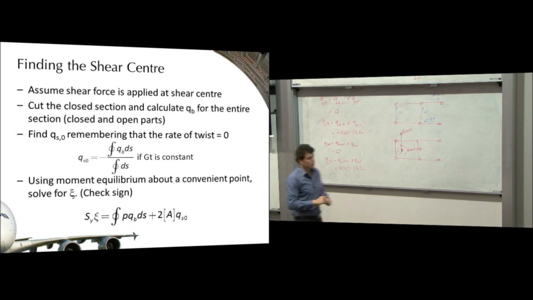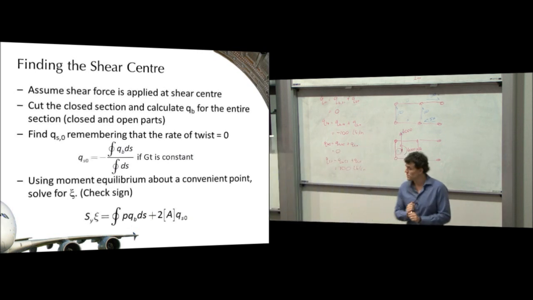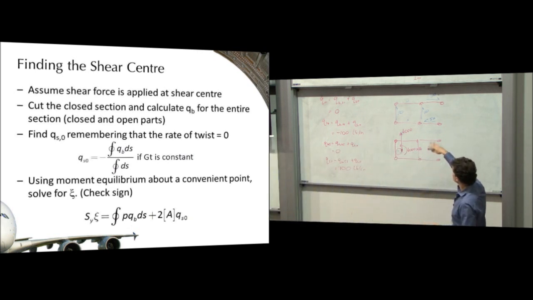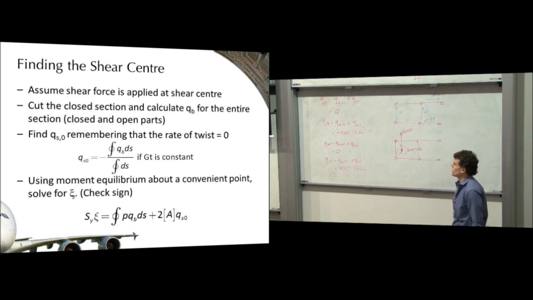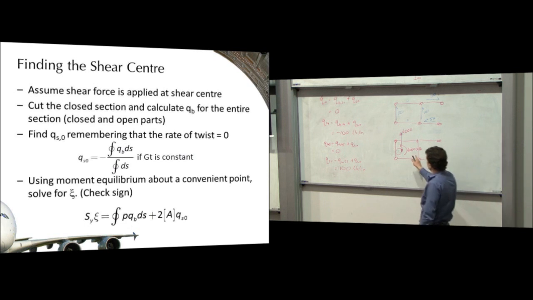So finding the shear centre actually solves half of this problem in the process, but you've got to apply another moment equilibrium at the bottom to find out where it is. Once you know where it is, you know how far you've got to move your shear force, so you know what torque you've got to apply.